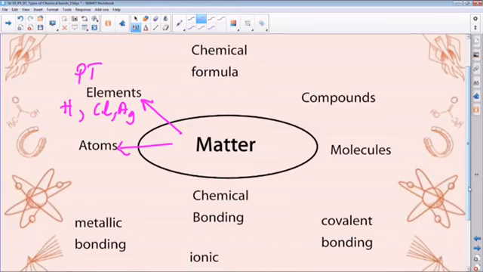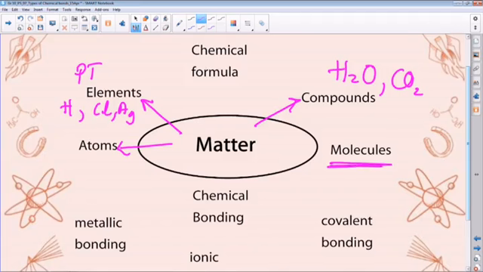Remember, when atoms bond, they form compounds. Compounds are substances that consist of two or more elements that are chemically joined together. You would have done this maybe in grade 8. You remember that you distinguished elements from compounds, that compounds are made of elements. However, we also need to have a clear distinction as far as molecules are concerned.